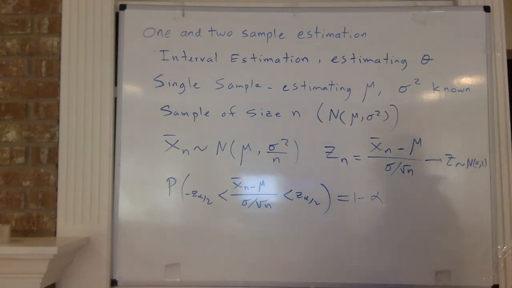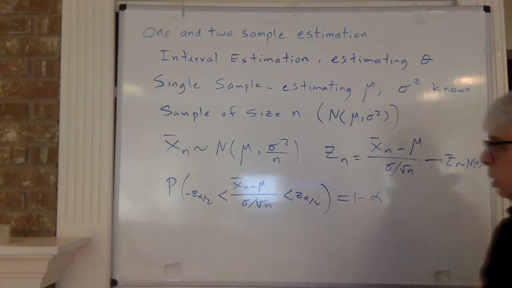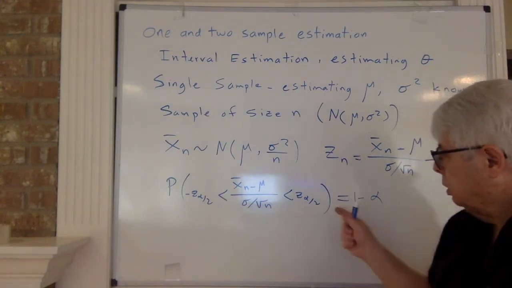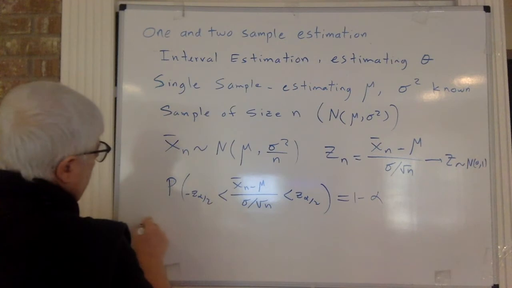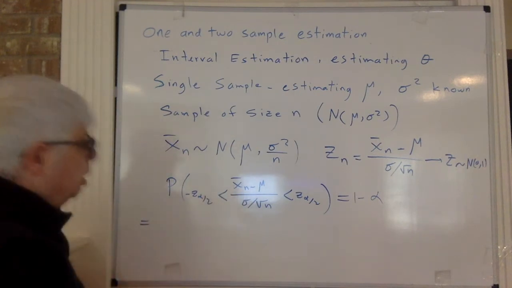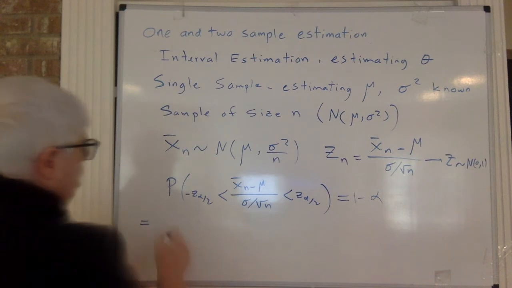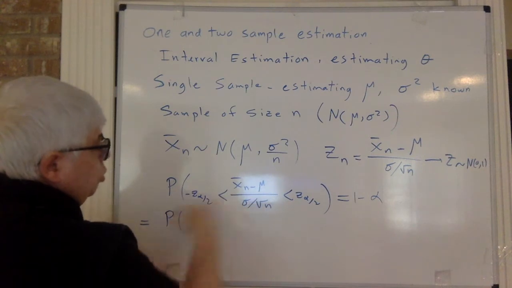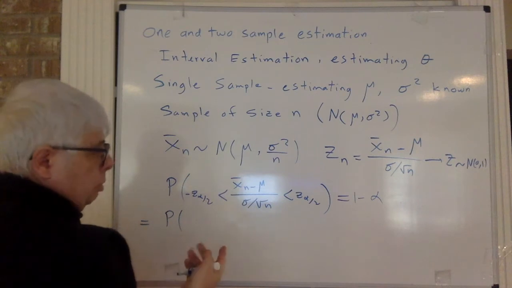But let's simplify this. I need something which has μ in the middle. So what should I do? First I multiply inside, and remember, when I write this equal to something, another probability, it means that I am doing some algebraic manipulation that can be reversed. If I can reverse the algebraic manipulation, then the two probabilities are the same. First I multiply all three sides by sigma over square root of n. That can be reversed. Then I will find μ.